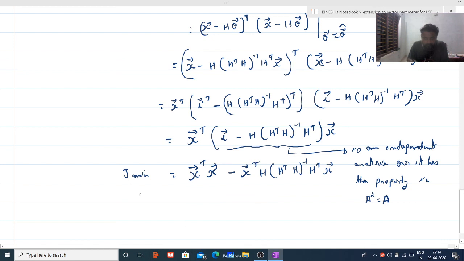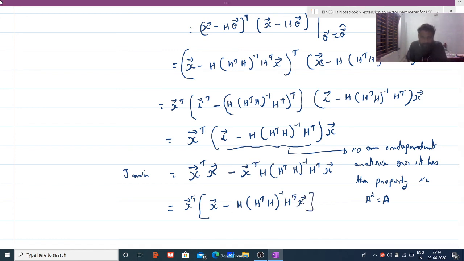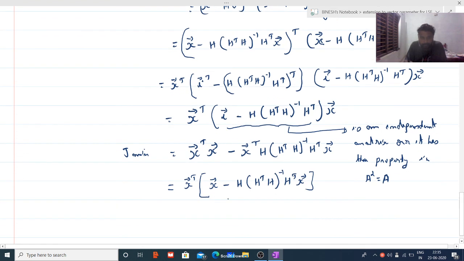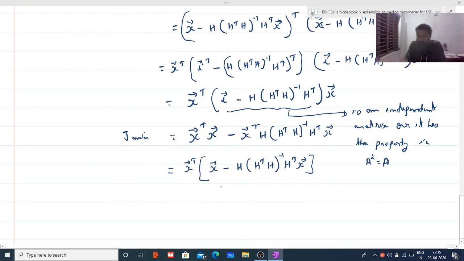Don't be confused. I will write here, which is equal to, from this two, I will take x transpose outside. What happens? X minus h transpose h transpose h the whole inverse h transpose into x. So what happens? This term is nothing but theta cap. Okay, just now we have proved.